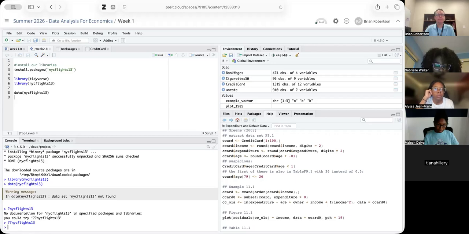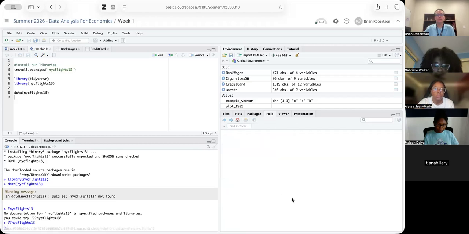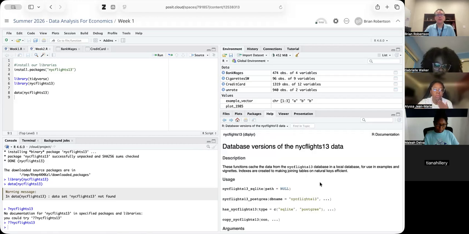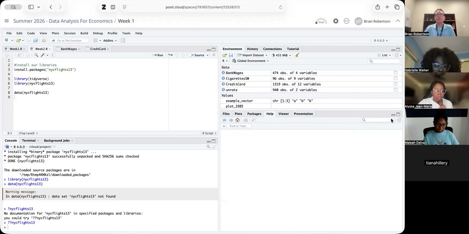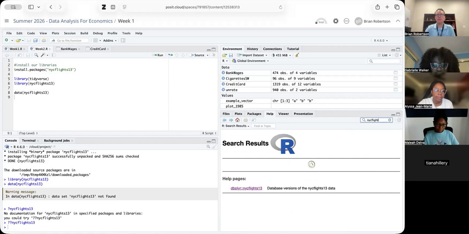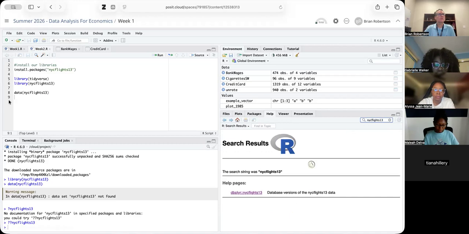Come on. There you go. NYC flights 13. There we go. All right. So database. No, that's not what I wanted. Let's go here. NYC flights 13. Where did my data go?